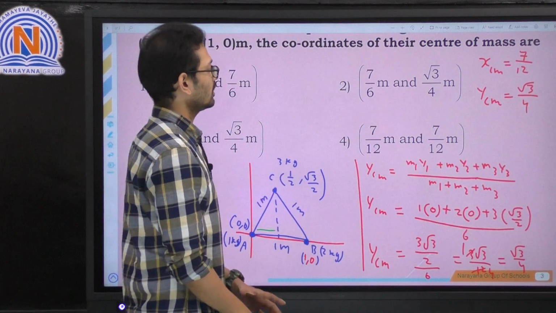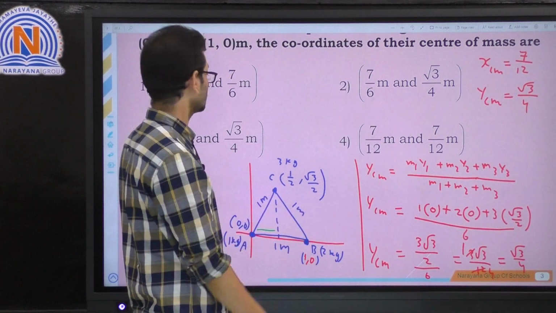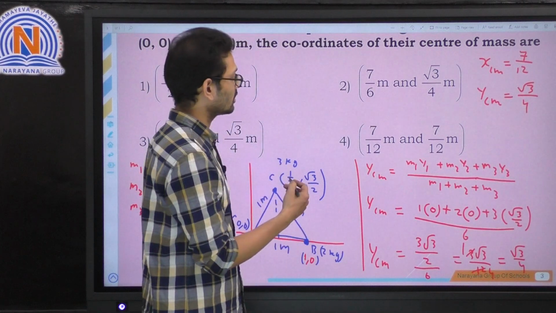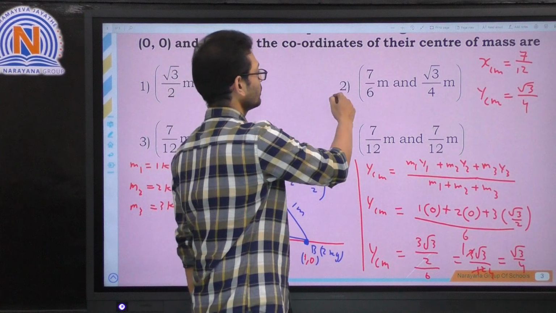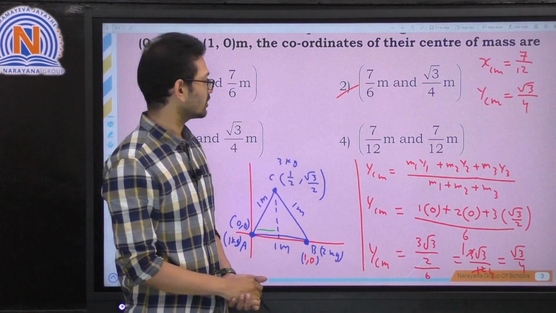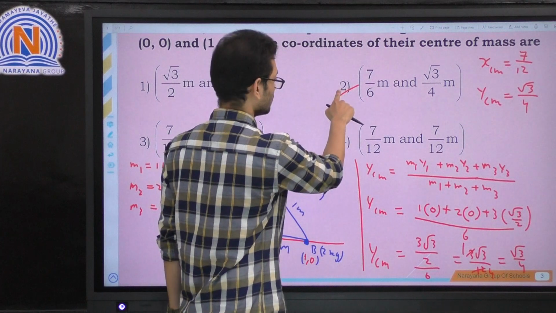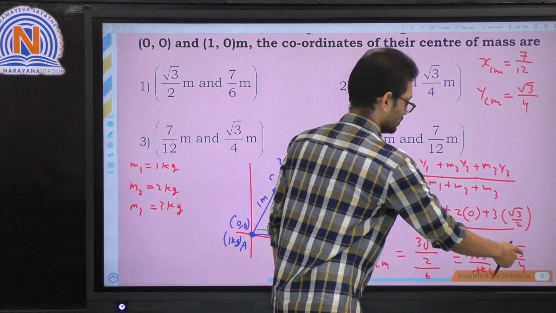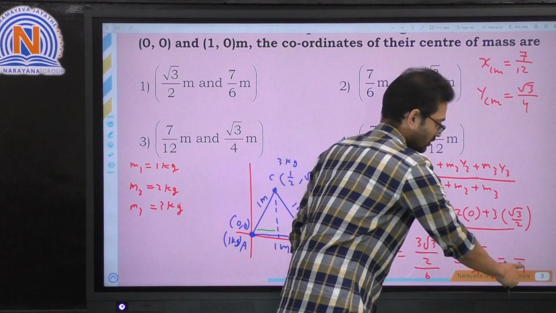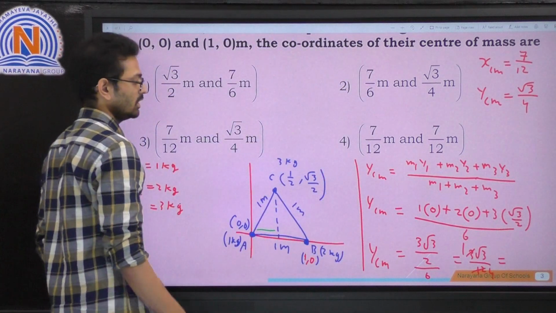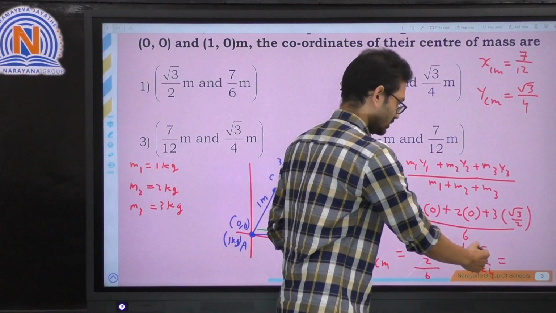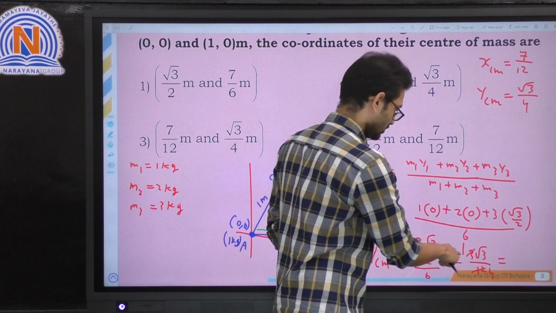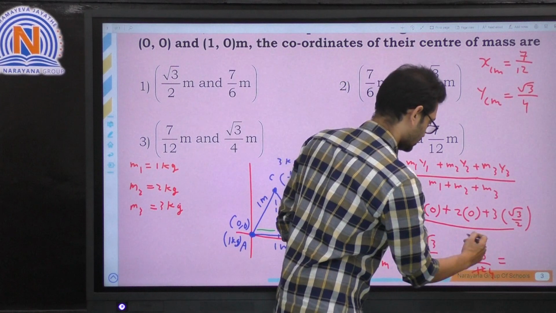Right? So now x center of mass and y center of mass is which option? It is option number 2, 7 by 12, sorry. And this is root 3 by 4. Yes, option number 3. Just a minute.